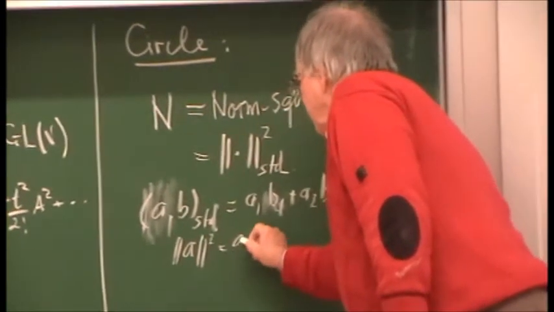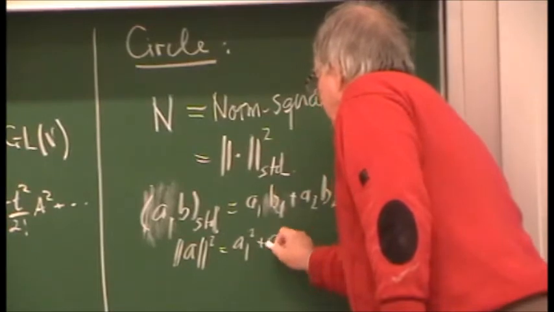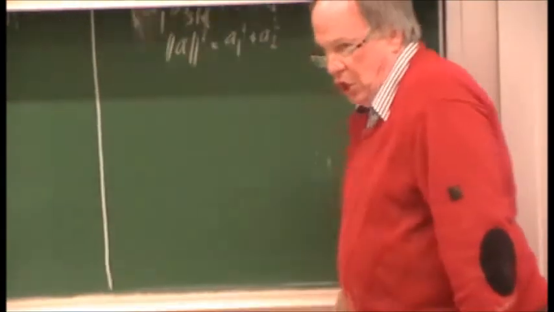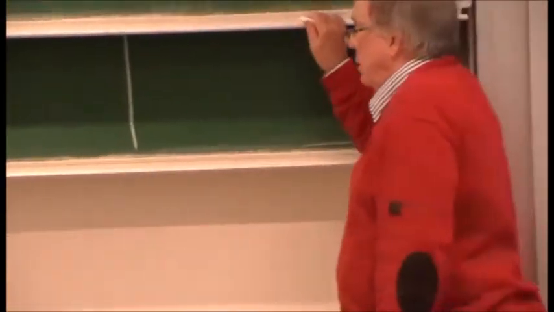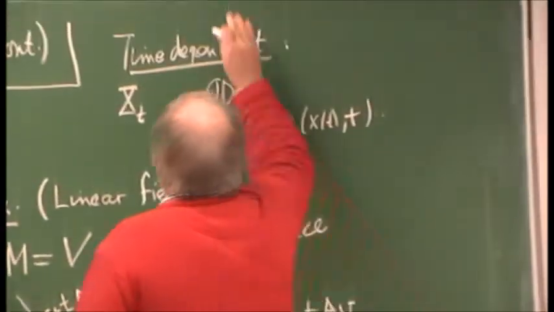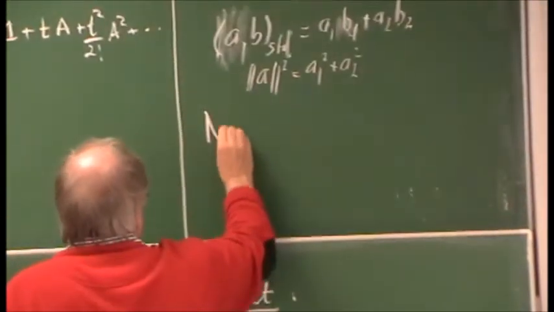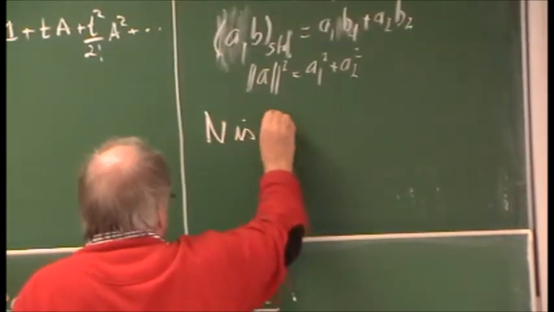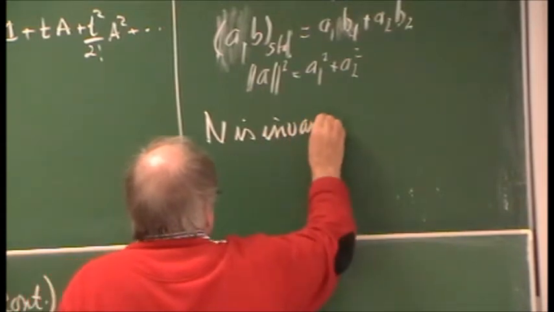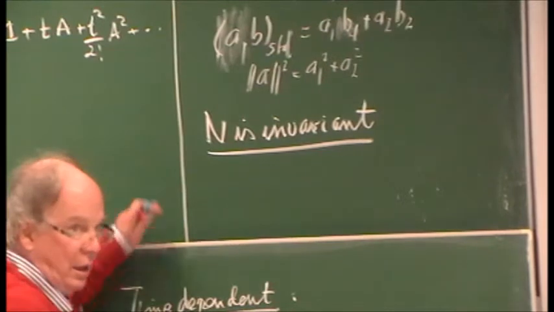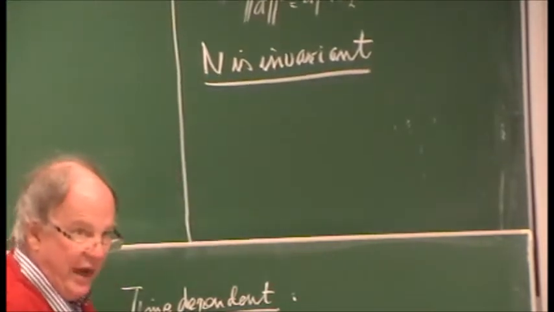Norm squared is just a1 squared plus a2 squared. This norm squared is stupidly invariant by this function. So N is an invariant of the action.